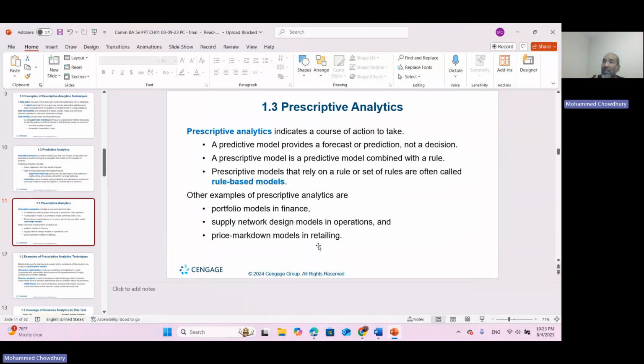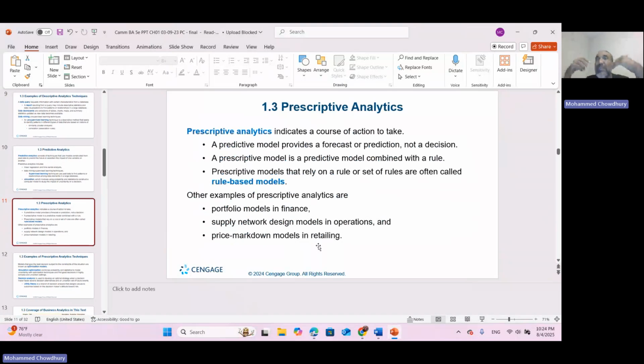Descriptive means with the past data, you are finding some summary statistics, mean, median, mode, minimum, maximum, missing values, some visualization. That is known as the descriptive analytics. Predictive means based on one independent variable, you are seeing the predictive value for the future time point.